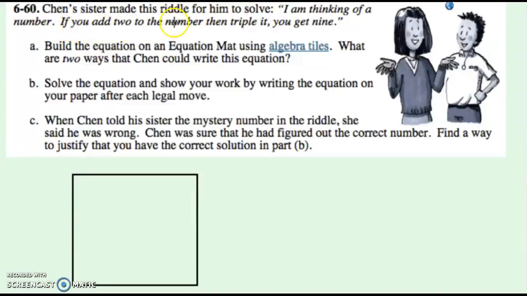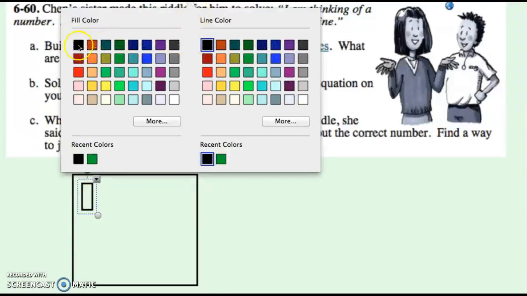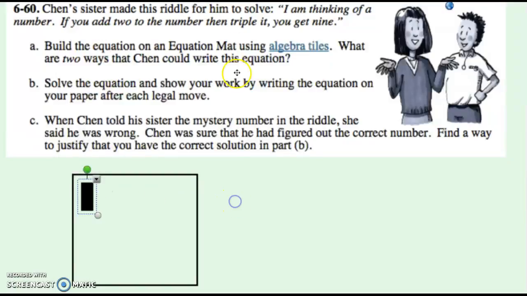If you add 2 to the number, then triple it, you get 9. So if I'm thinking of a number, I'm going to say my number is x because it's an unknown. So the way I'm going to show that is by making an x tile on my paper. So these are the same things you should be doing in your notebook.